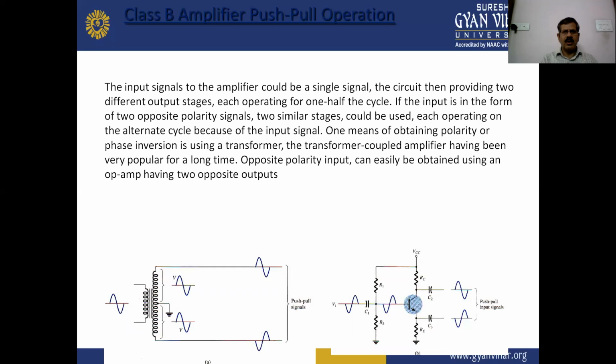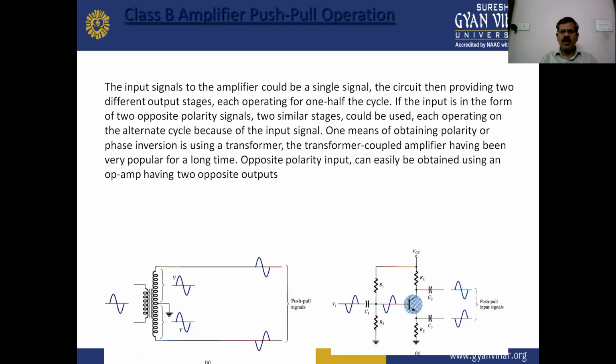And the input signal to the amplifier could be a single signal. The circuit then provides two different output stages, each operating for one half of the cycle. If the input is in the form of two opposite polarity signals, two similar stages could be used, each operating on the alternate cycle because of the input signals.